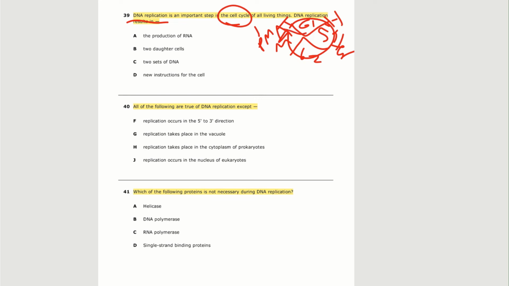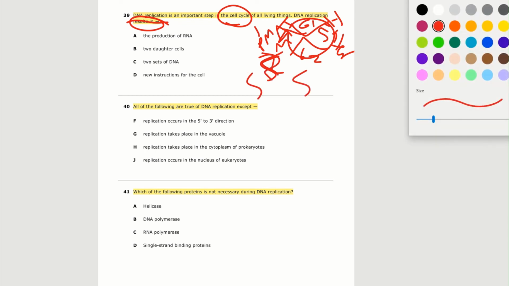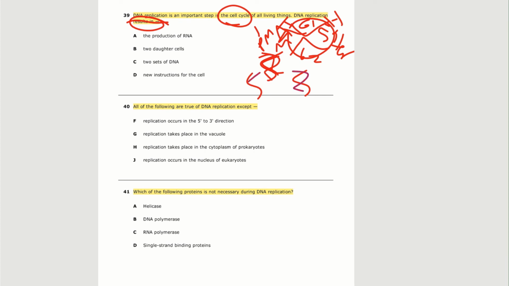All right, so DNA replication results in, okay, I know this. It results in what? I have one, and I have another one, and then I have, couldn't do it. Oh, what I mean, the production of RNA.